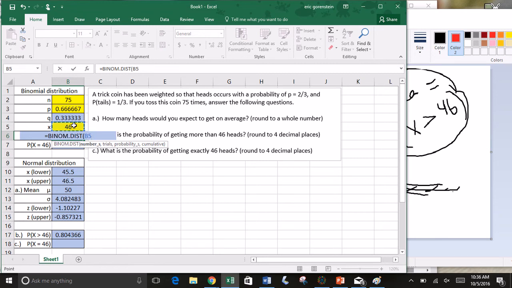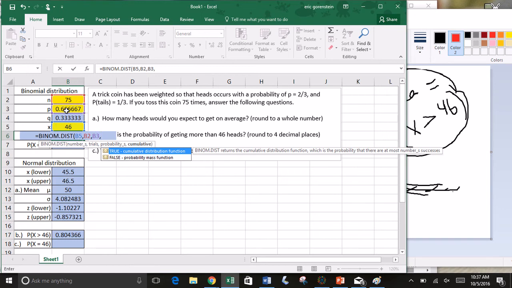Number of trials, that's n. The probability of success, that's p right here. And cumulative, so for a discrete distribution, the cumulative function means you're going to calculate every probability for every x value from 0 up till the argument, in this case, 46.